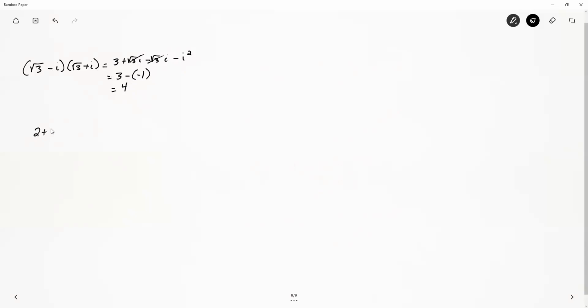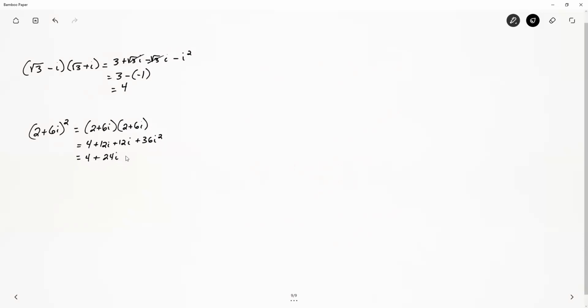Okay, and let's try another one. Let's do 2 plus 6i, quantity squared. Well, that just means this is 2 plus 6i times 2 plus 6i. 2 times 2 is 4. 6i times 2 is 12i. 6i times 2 is 12i. 6 times 6 is 36. i times i is i squared, which gives me 4 plus 24i.